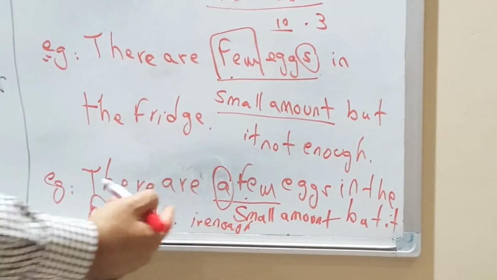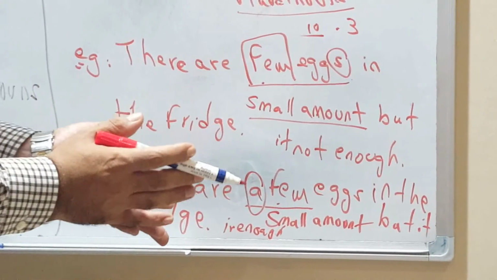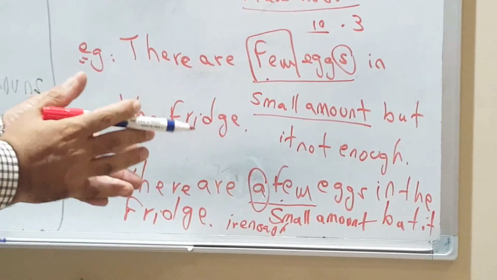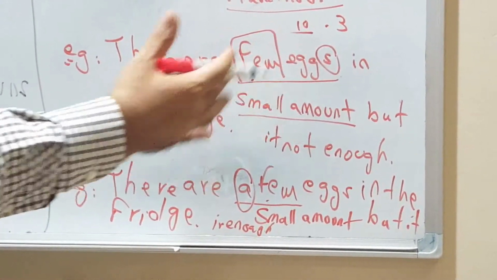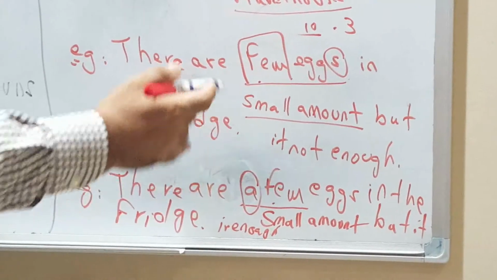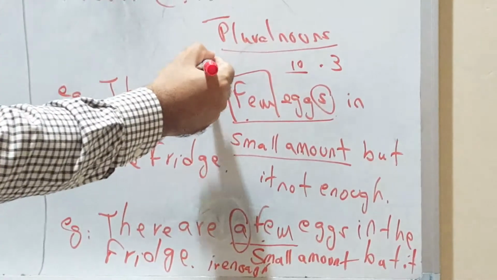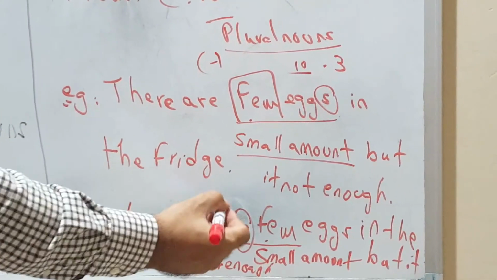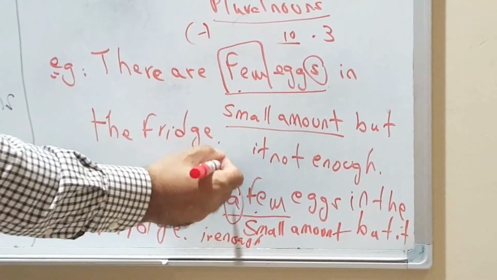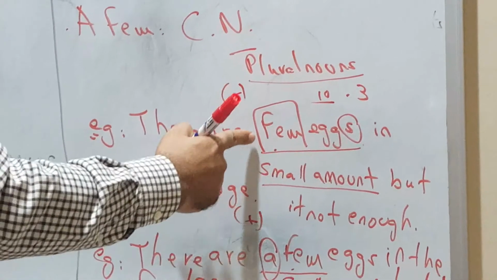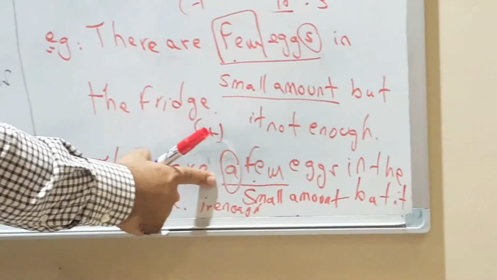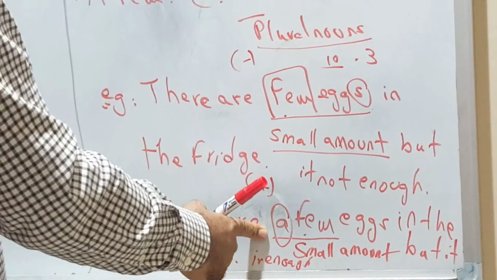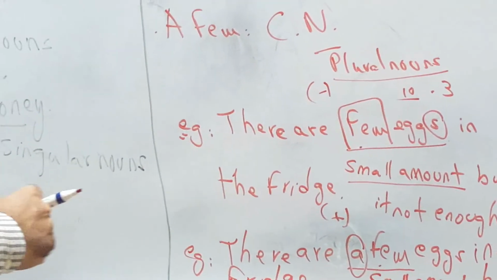So for me, the amount is really small, but it is enough to get my purpose. So this is the difference between few and a few. Few is used in the negative context, while a few is used in the positive context. Few means small amount and it is not enough, and a few means small amount but it is enough. Now let's move to little and a little.